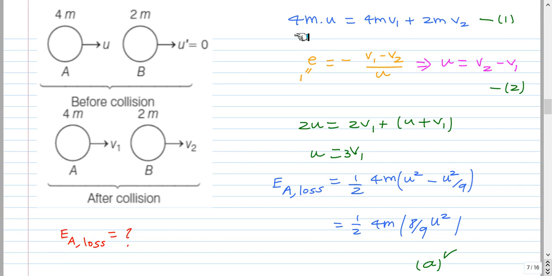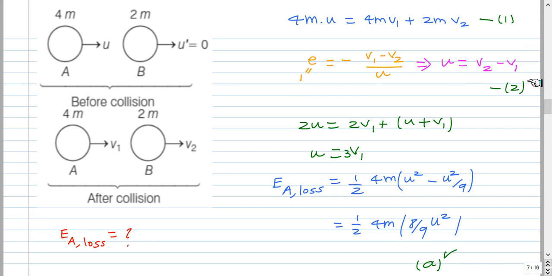Initial momentum is 4m into u, and final momentum is 4m v1 plus 2m v2. The coefficient of restitution is minus final relative velocity divided by initial relative velocity, so it is v1 minus v2 divided by u minus 0. It's a perfectly elastic collision, so e is 1. From this, I get u as v2 minus v1.